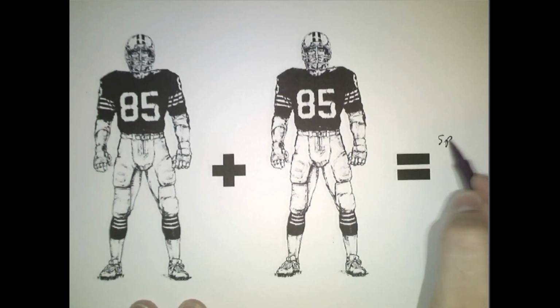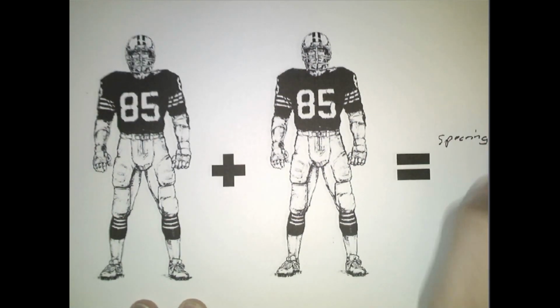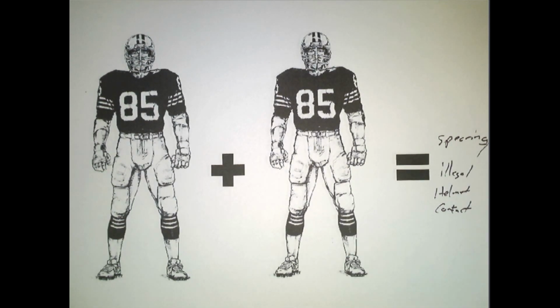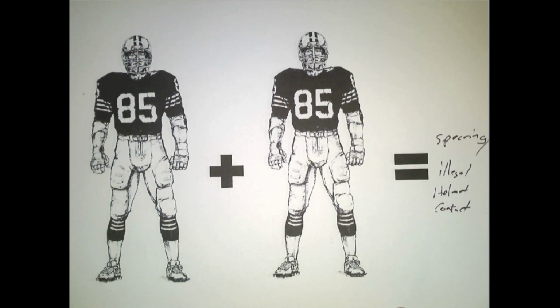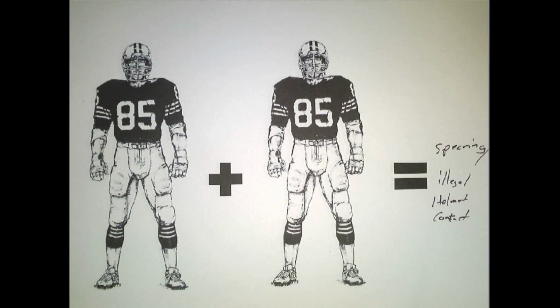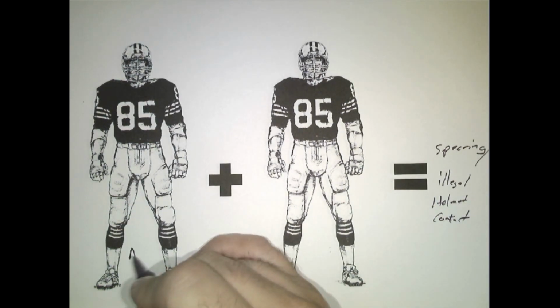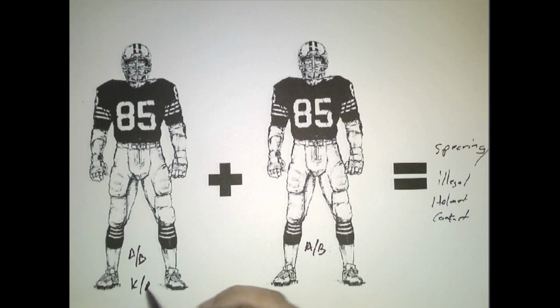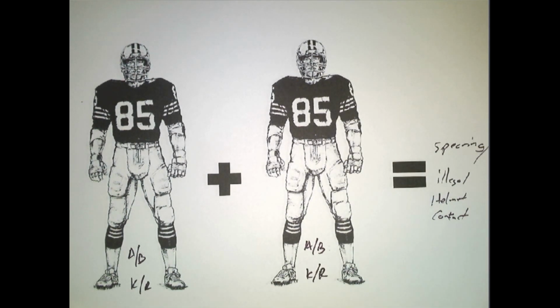Spearing, or illegal helmet contact, is a foul that we could probably call a little bit more than we do, but it's important that we do call it. And now there's really only one or two things when you look at this. This could be either player A/B or A/B, and again K/R, K/R.